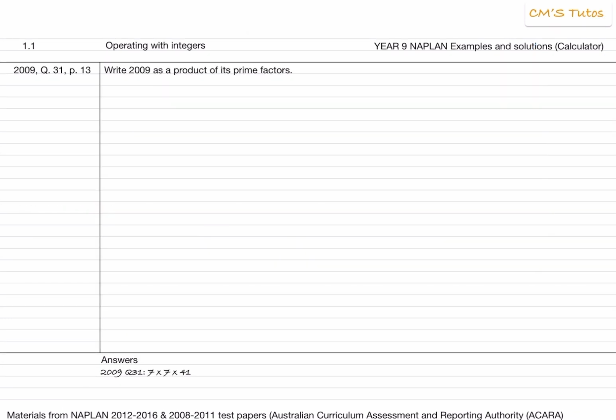So for 2009, question 31 on page 13, we have: write 2009 as a product of its prime factors. What can we do? Let's try small prime numbers first. Okay, is 2009 divisible by 3? Let's do the guess and check method.